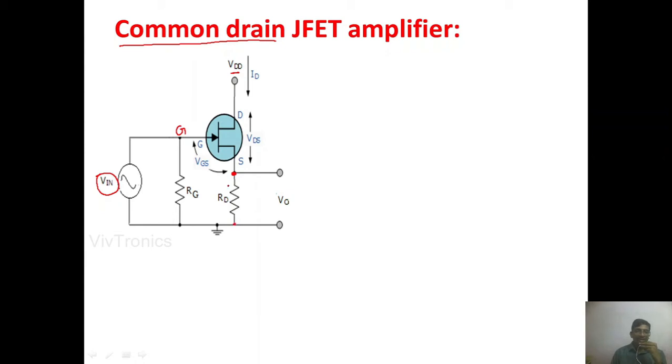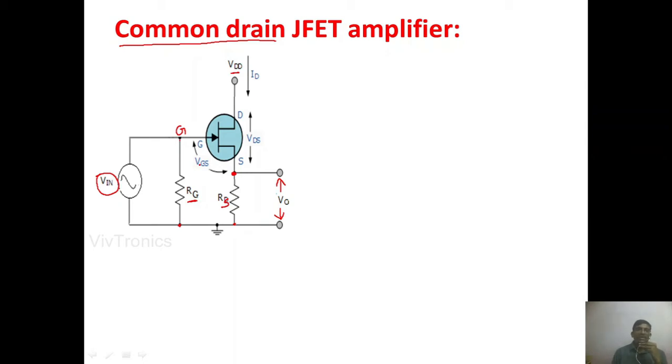We take the output voltage across the source resistance RS. There is also a gate resistance RG connected between the gate terminal and ground. RG is nothing but the input resistance of our amplifier, because the input resistance of the JFET is very large.